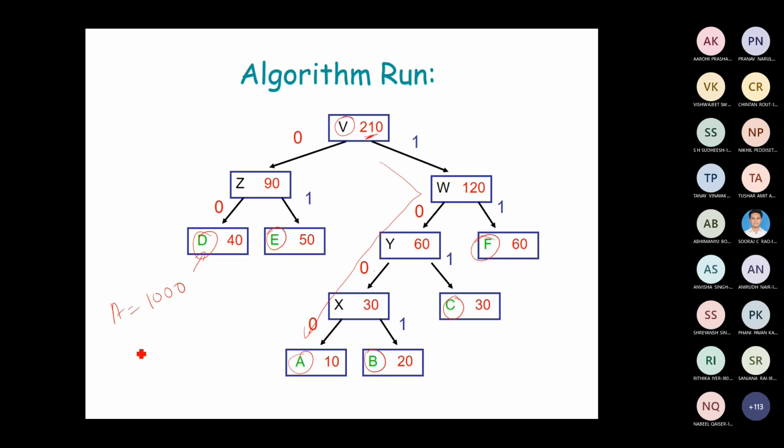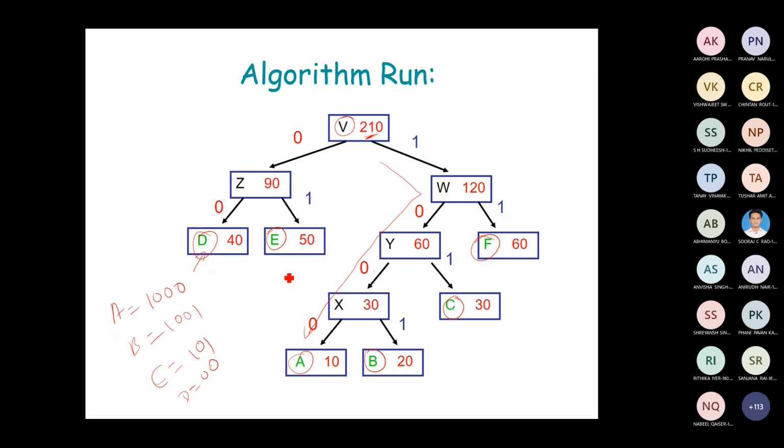Similarly, the code of B is nothing but 1 0 0 1. The code for C is nothing but 1 0 1. The code for D is nothing but 0 0.